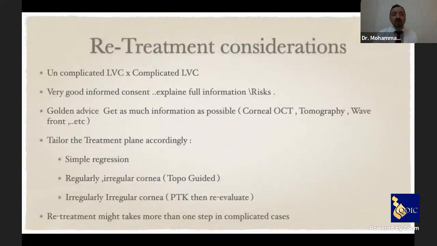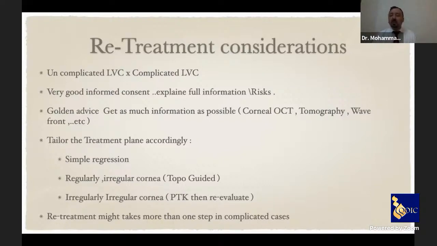Now, when we decide to intervene and do retreatment, we need to classify the cases, whether it is an uncomplicated laser vision correction or a complicated laser vision correction which led to this under or overcorrection. So we should start by getting the most information we can get.